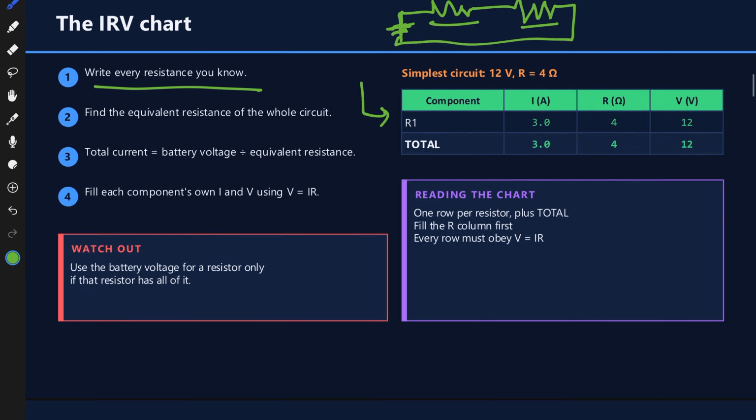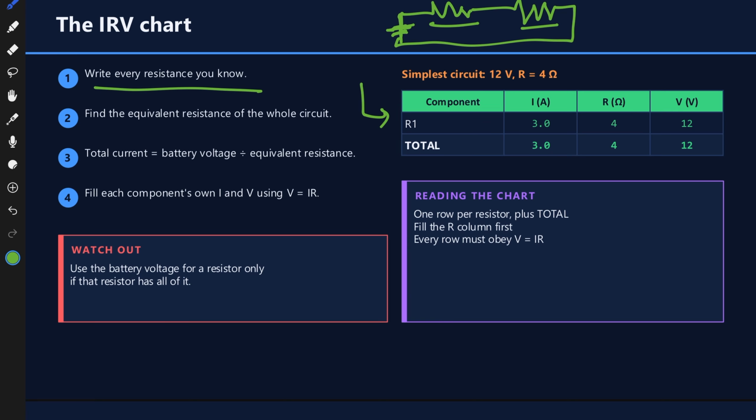So in this case, we have R1, but if we add another resistor, we'd write R2, and then we'd write total, okay? So R1, 3 amps, resistance of 4 ohms, and 12 volts. R2, 3 amps, resistance of 4 ohms, and 12 volts. Okay, that's if we had an R2.